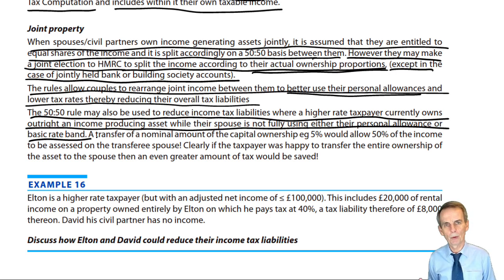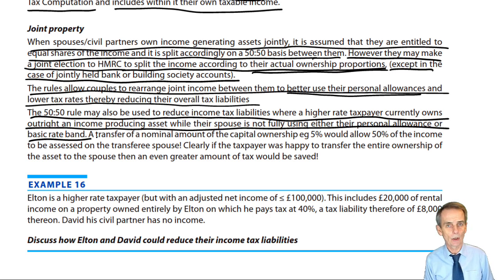But if we were to put that asset into joint ownership, then it's the same amount of income that will be taxable overall, but it would now be split 50-50, meaning that if we could again move income away from the higher rate taxpayer to the basic rate taxpayer, then this makes sense. Overall, the married couple or the civil partners will achieve a tax saving that may run into several £1,000s, depending on how much income and how much basic rate band or unused personal allowance exists. So, two ways by which we might see this.